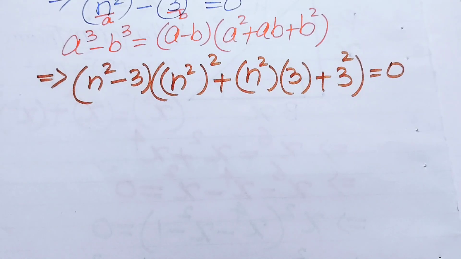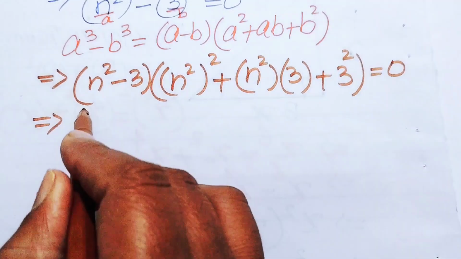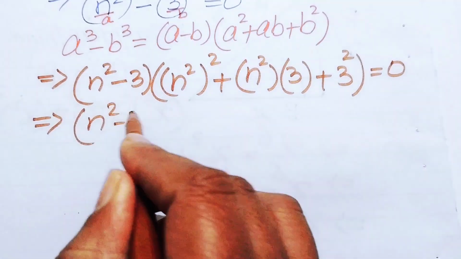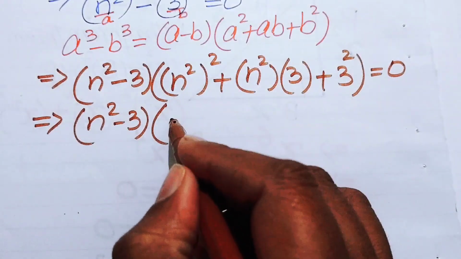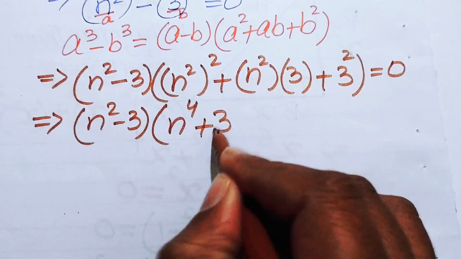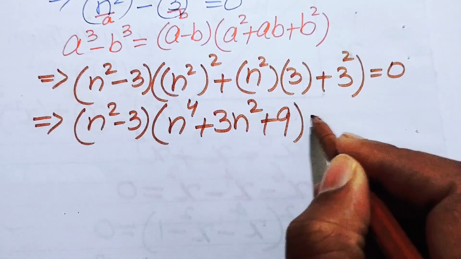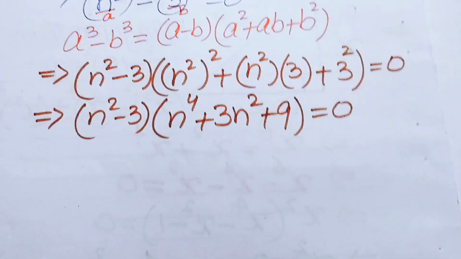And in the next step we simplify the terms, and here you see that we have n square minus 3 times n to the power of 4 plus 3 times n square plus 9 equals 0.